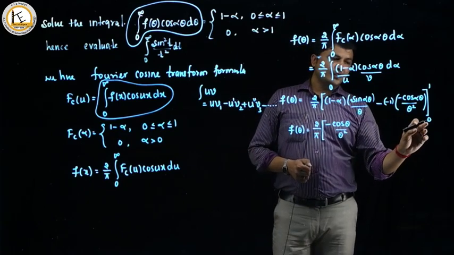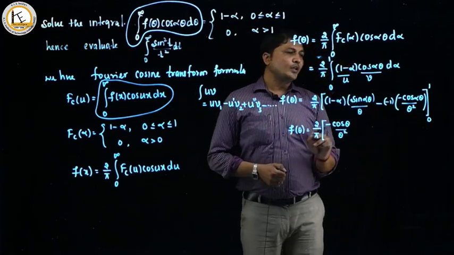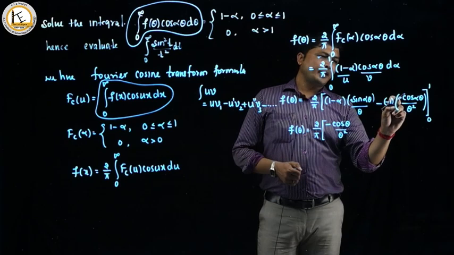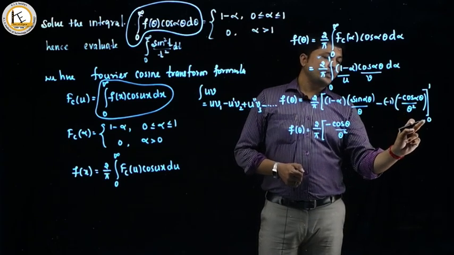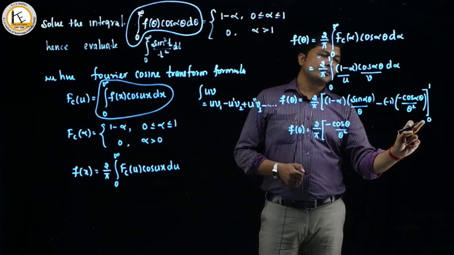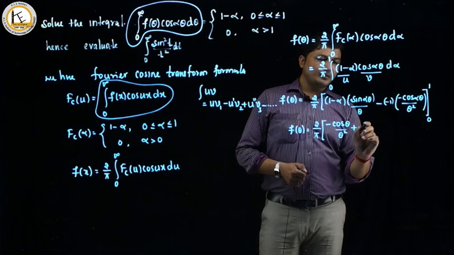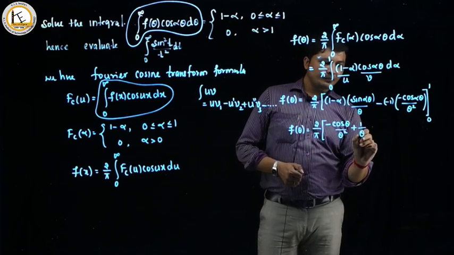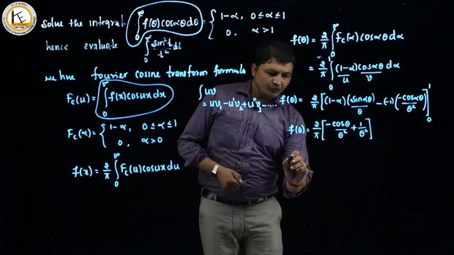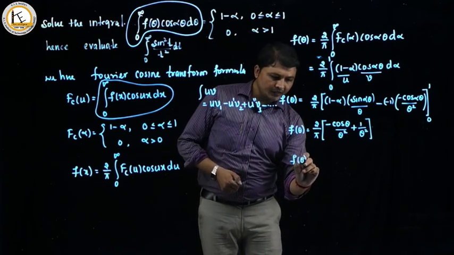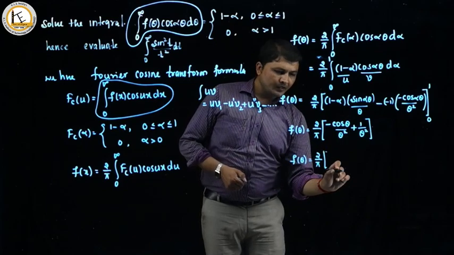Now coming to the lower limit, sin 0 will be 0, so 0 into anything is 0. The 3 minuses will be minus, and since we are applying the lower limit, one more minus comes, so minus into minus will be plus. Cos 0 will be 1, so remaining is 1 by theta square.